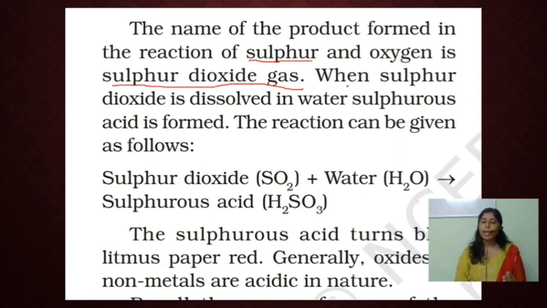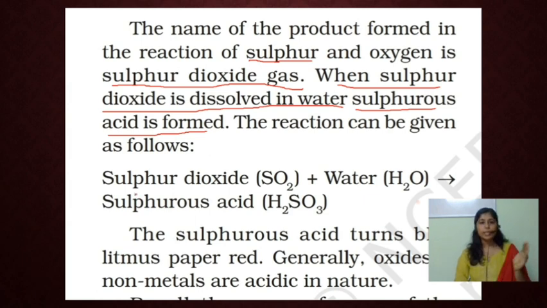And like we did in that experiment, when sulfur dioxide is dissolved in water, sulfurous acid is formed. All of you listen, in this equation, when sulfur reacts with oxygen, sulfur dioxide is formed.